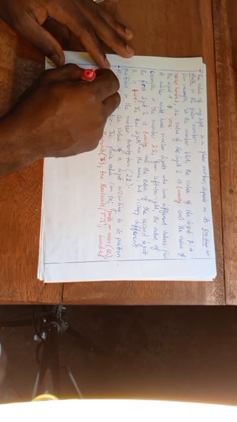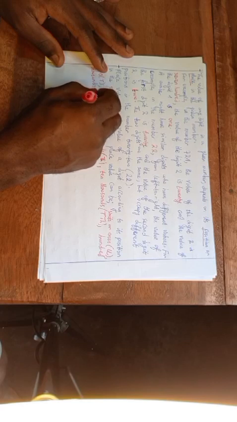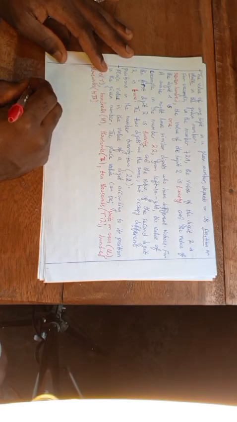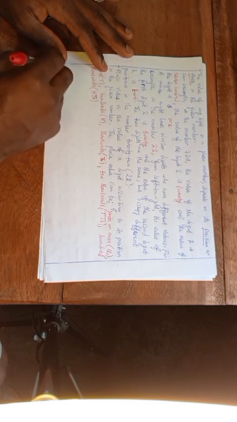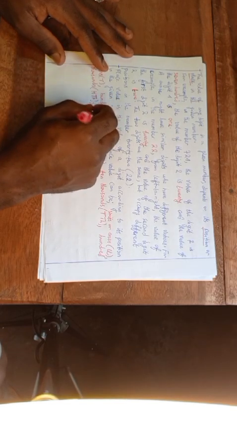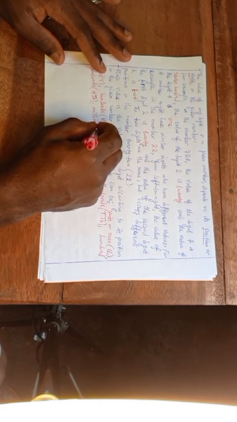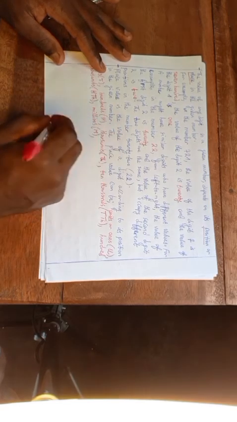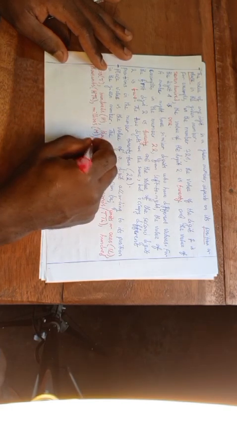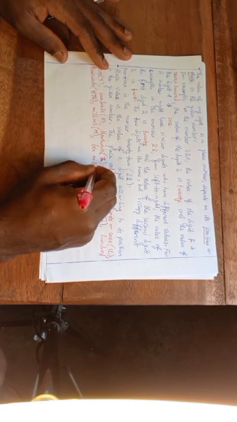The next, 100,000s, which is denoted by using the letters capital H, capital T, lowercase h. The next, millions, which is denoted by using the letter capital M.